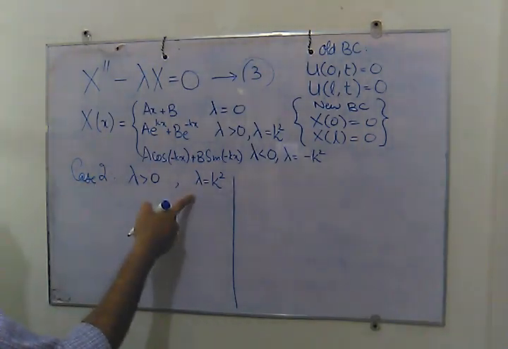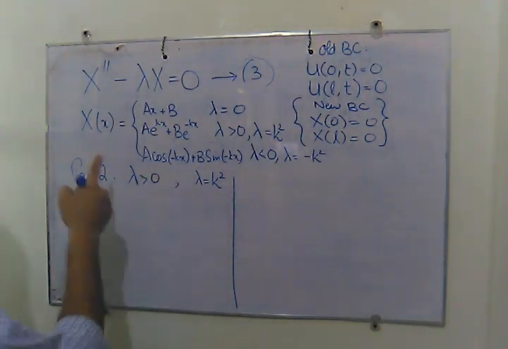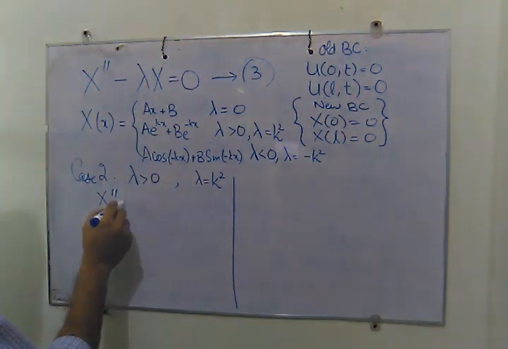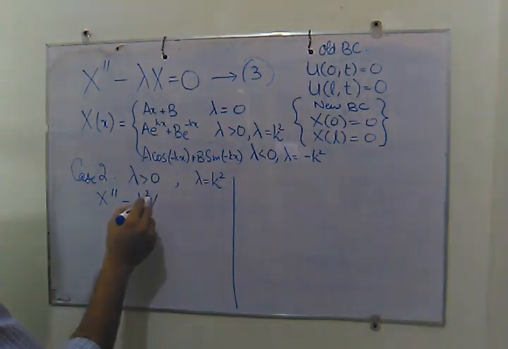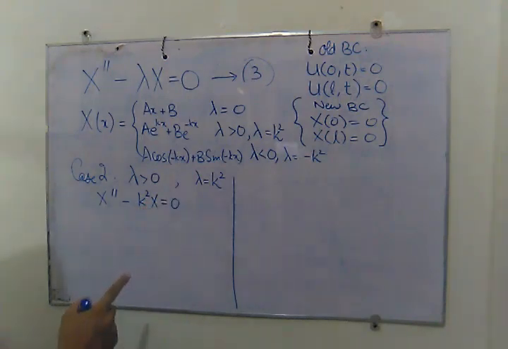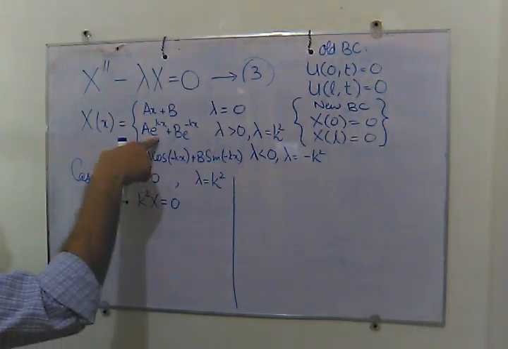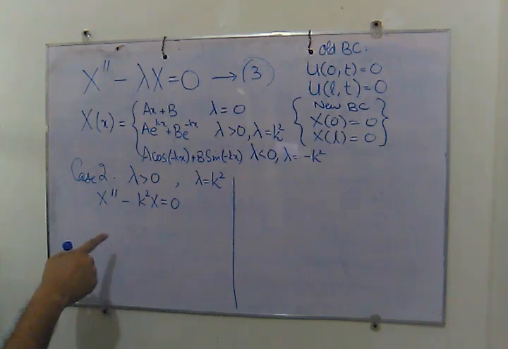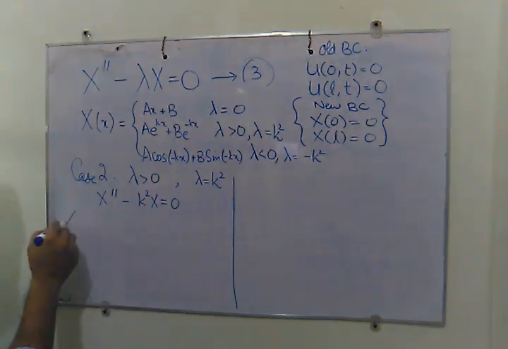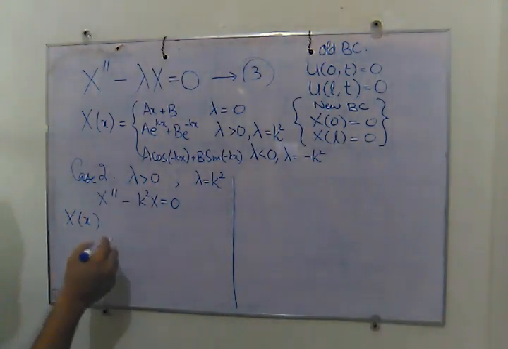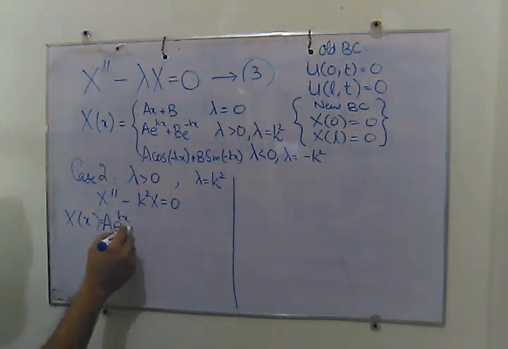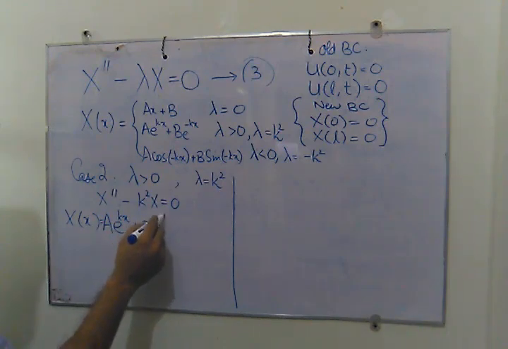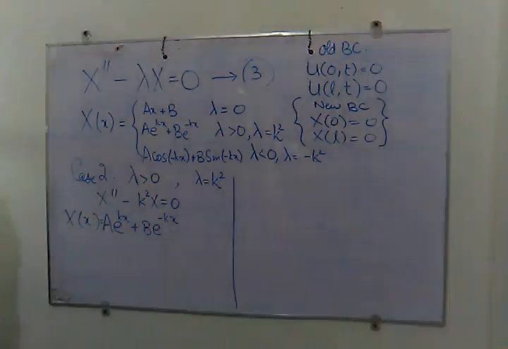In that case, the equation will take the form X double dash minus k square X is equal to 0. In that case, the exponential solution will satisfy this equation, as we have already found in previous videos. So the general solution for this equation will become a exponential kx plus b exponential minus kx.